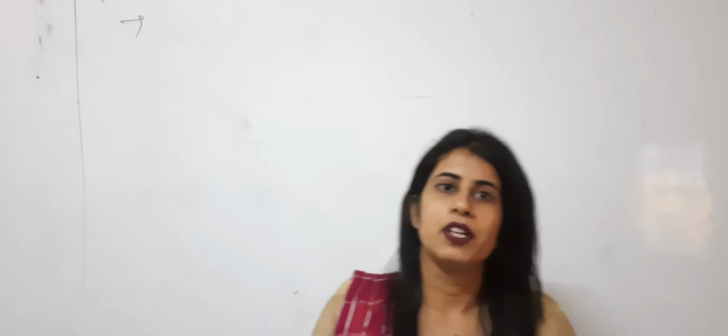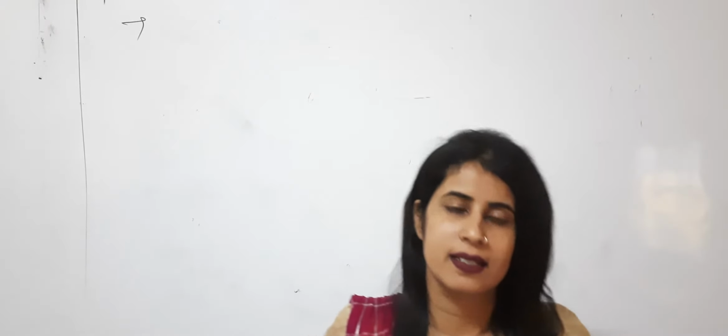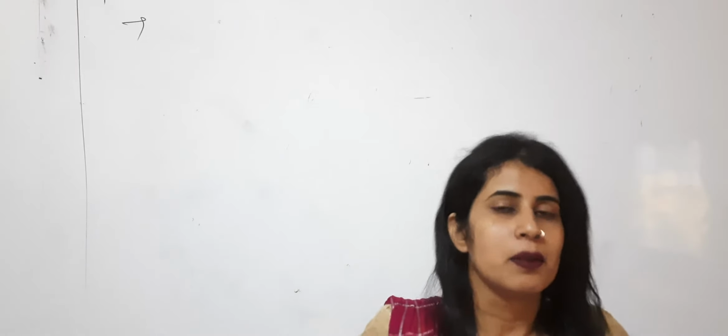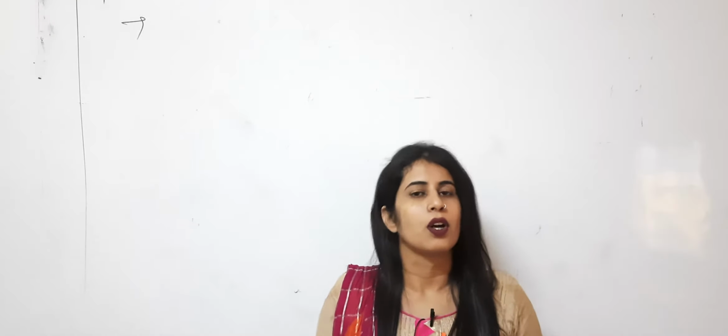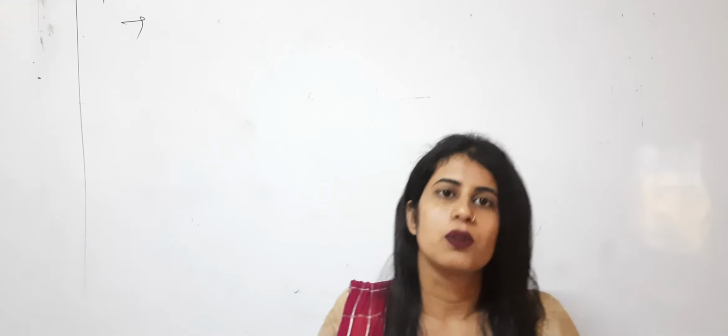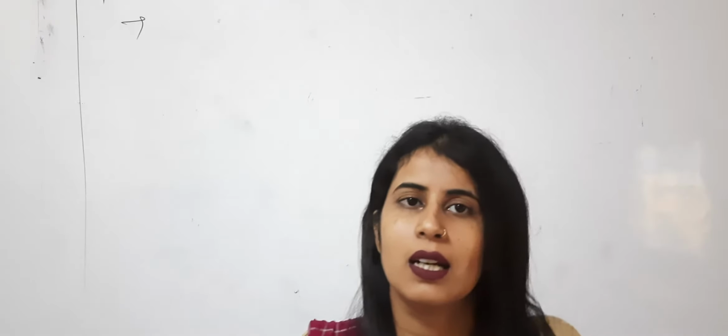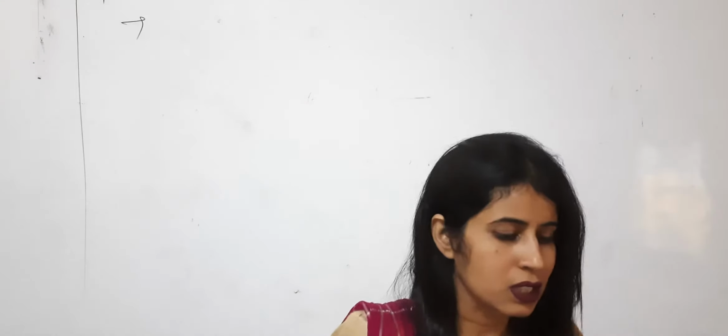In the previous video, we completed our chapter number one exercise. It means that our first and second chapters are completed. So today we are going to start our third chapter.